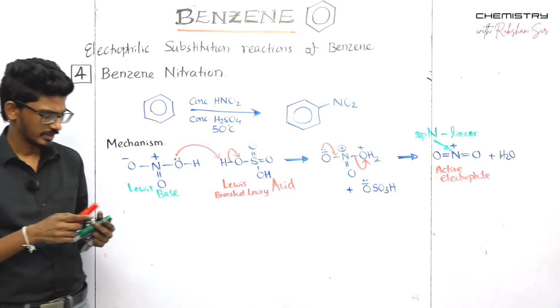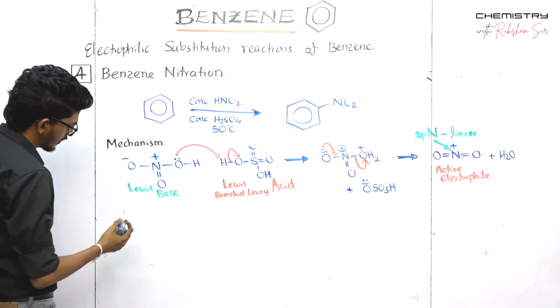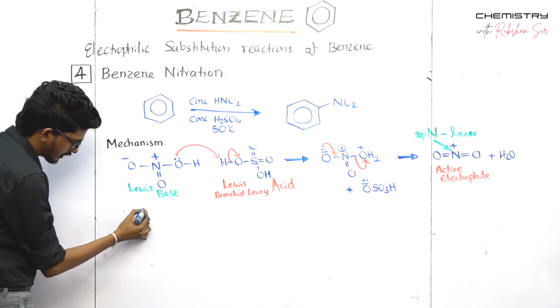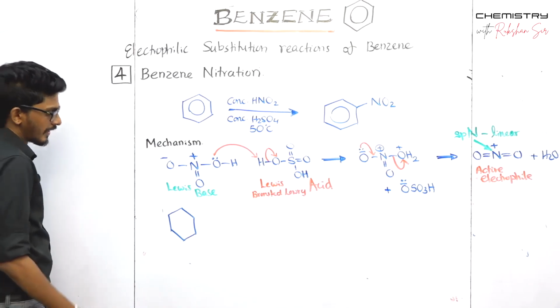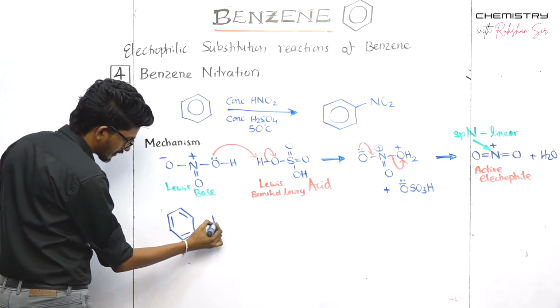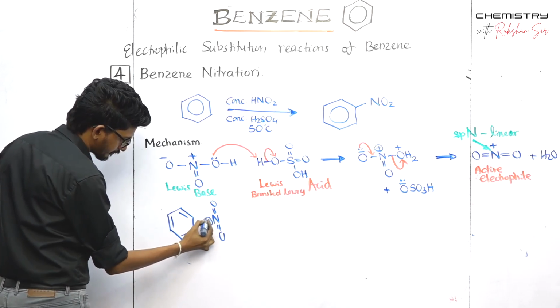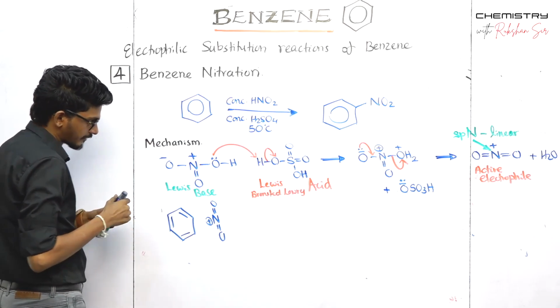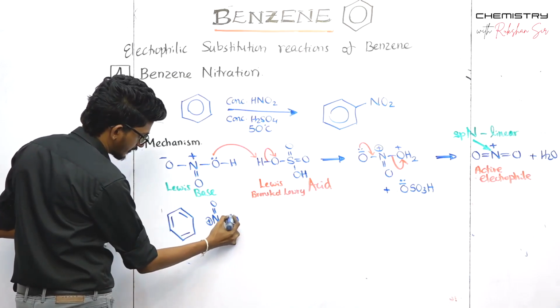Then the next things are the same. Then benzene will attack the so-produced active electrophile. So you have this, and write the OSO3H as well.